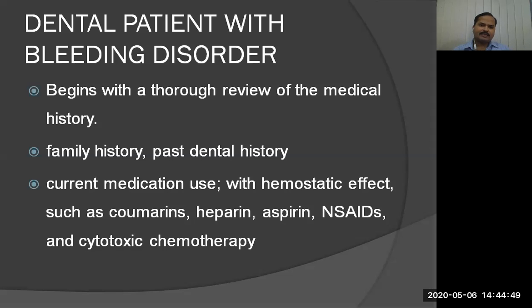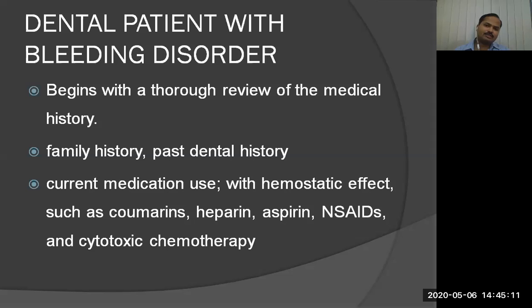Then in the current situation when the patient is suffering from that disease, is there any use of medication? Now, the patient may be having the bleeding disorder and may not be knowing it.